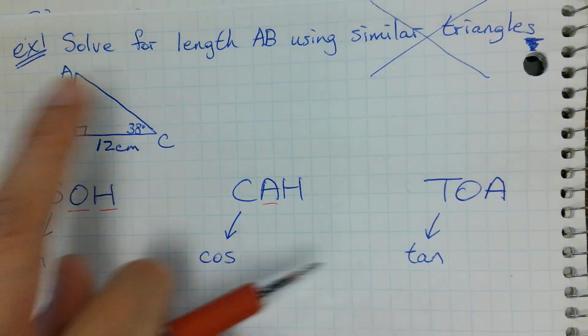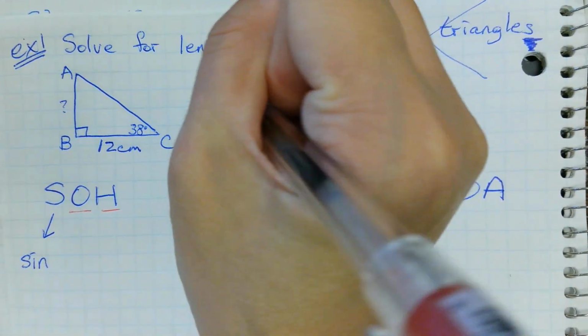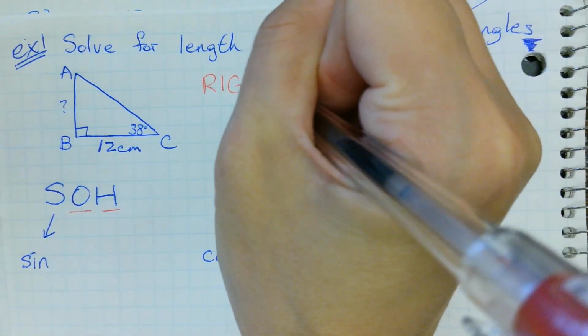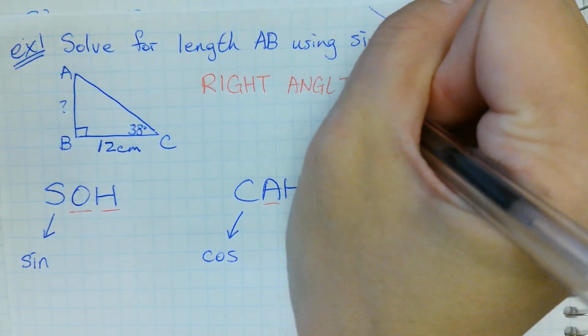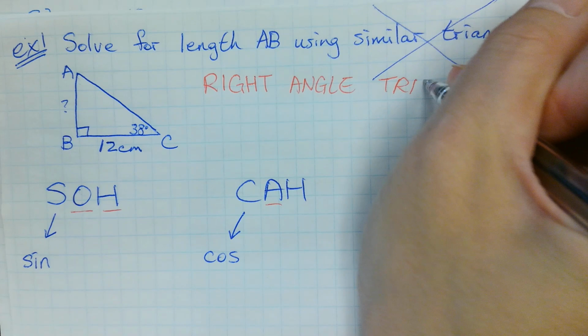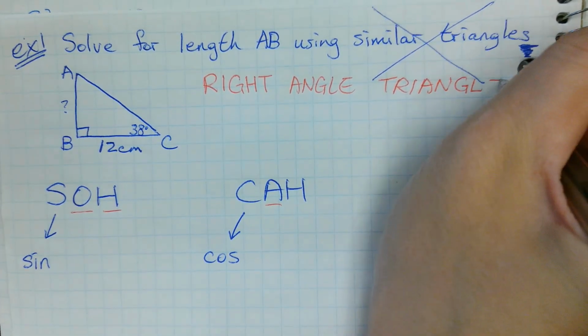So looking at this triangle, what type of triangle is this? Right angle triangle. So you use SOH CAH TOA on right angle triangles. If you're only given one triangle, it has to be a right angle triangle.